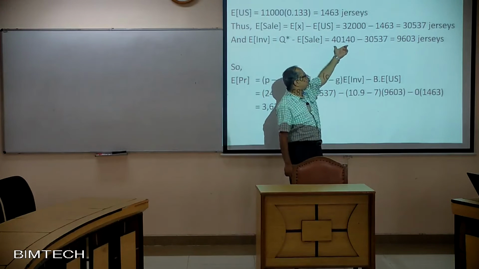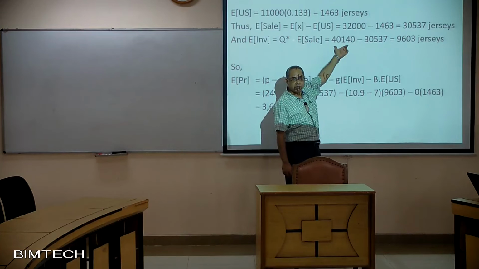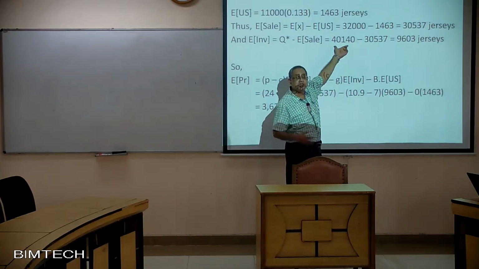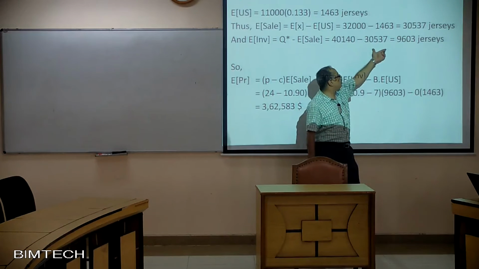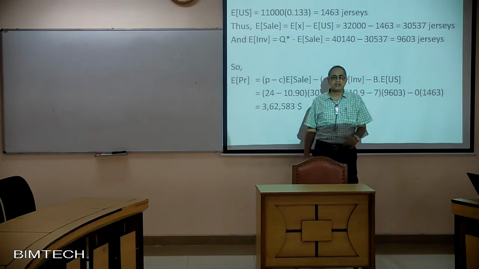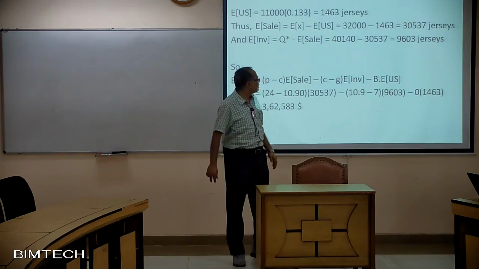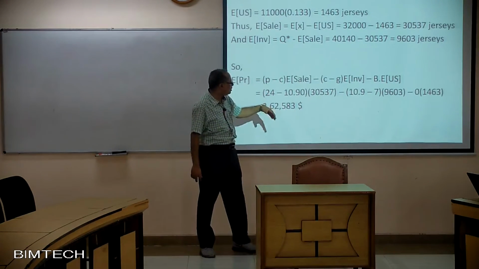So we started with a Q star value of 40,140. Remember, this is the order quantity. That means we received this many jerseys. How many did we sell? We sold on an average this many jerseys. And therefore, what are we left with? 9,603. Okay. So again, very, very simple.